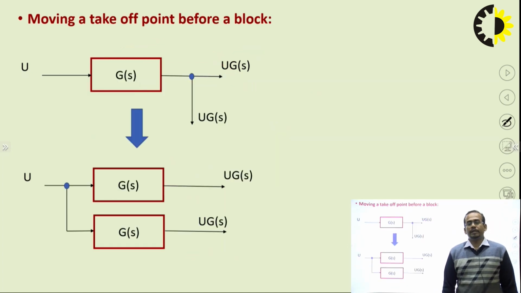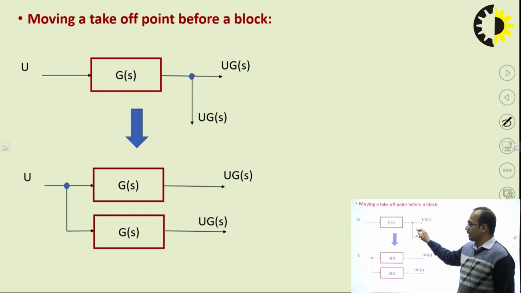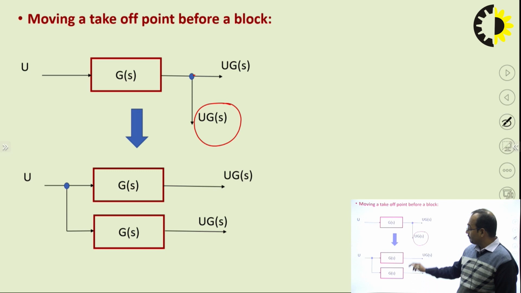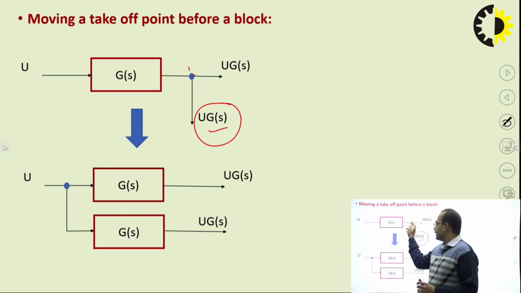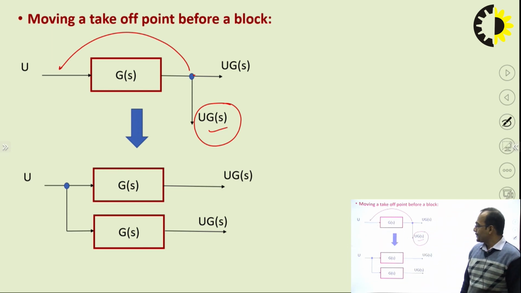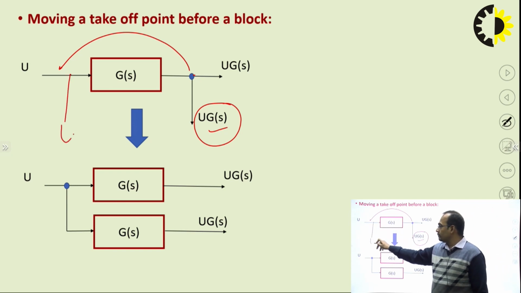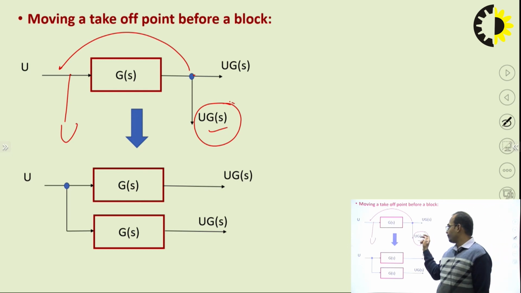Moving a takeoff point before a block. After the block you are getting the output UGS. The output of the takeoff point is UGS. So if you move this takeoff point before the block, then the output of the takeoff point will become u, but the desired output of the takeoff point is UGS.